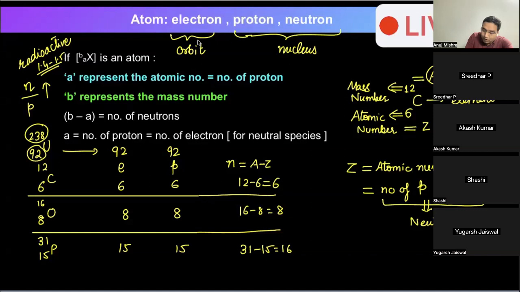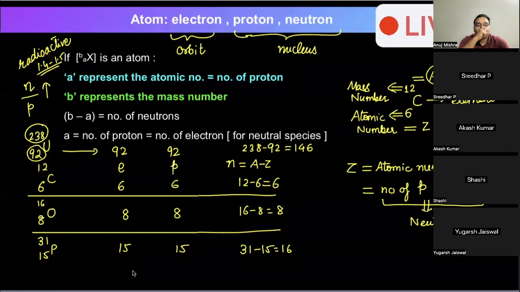So 238 minus 92 is 146. Just check this.